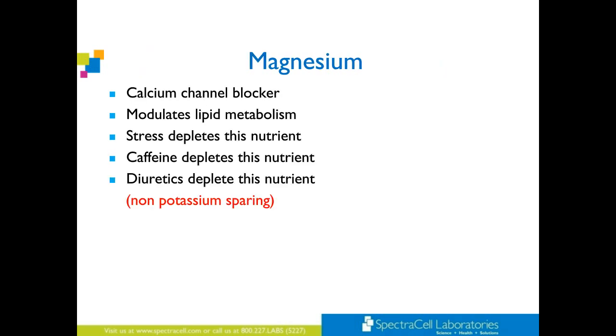So here are some of the things that really affect our magnesium status, or have an impact on us. It works as a calcium channel blocker. It modulates lipid metabolism. As I mentioned, stress, physical, psychological stress. Let me give you an example. I see quite a few athletes in my practice, and it is not unusual to see these athletes with magnesium deficiencies.